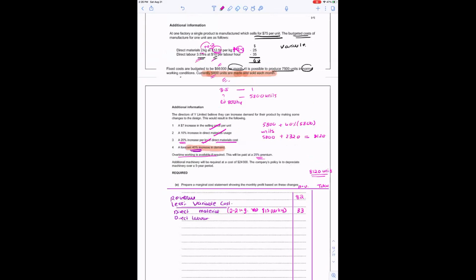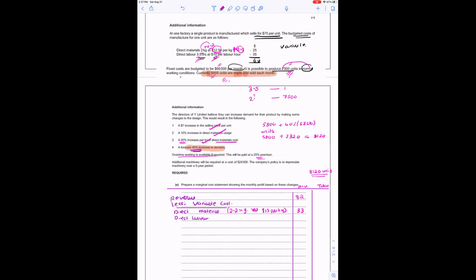But they say in normal working condition, it was 7,500. So, normally, if they work for 7,500 units, they will be paid 3.5, $10 per hour. So, 3.5 was required for 1 unit. So, for 7,500 units, it would be 7,500 into 3.5.